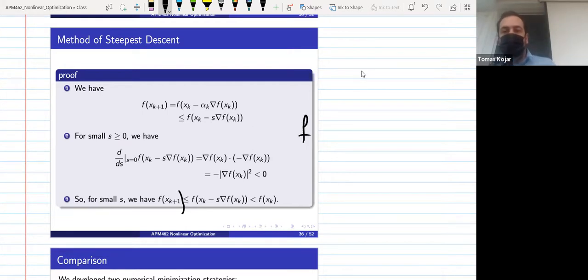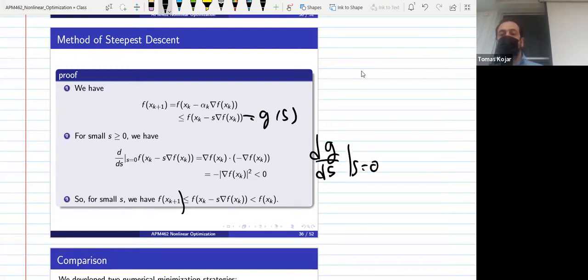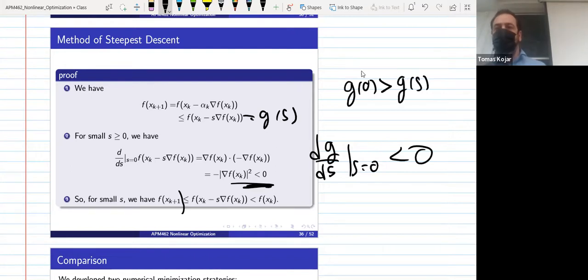So call this function g of s, and you have the following result. You have that dg at s equals 0 is negative. So that implies that the function is decreasing. So g of 0 is bigger than g of s locally.